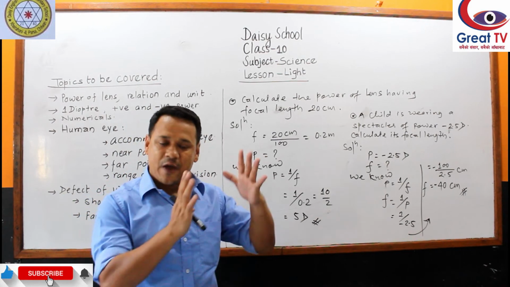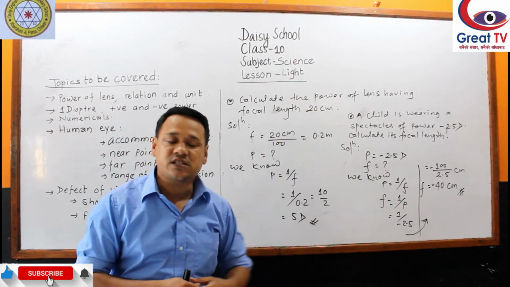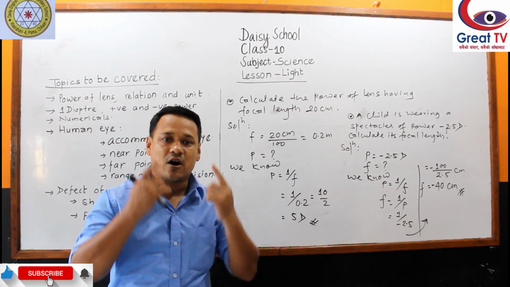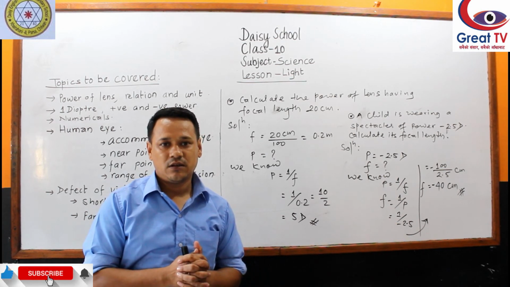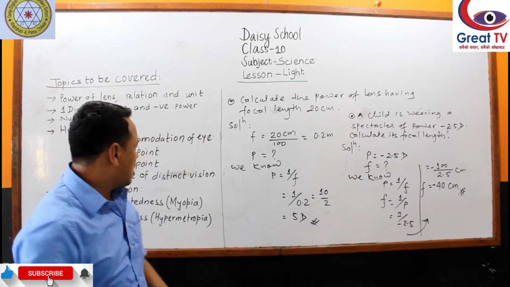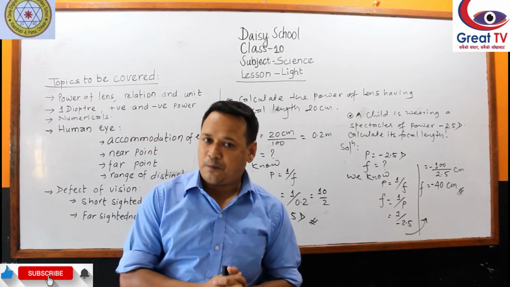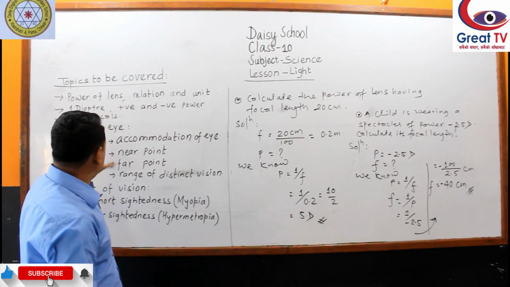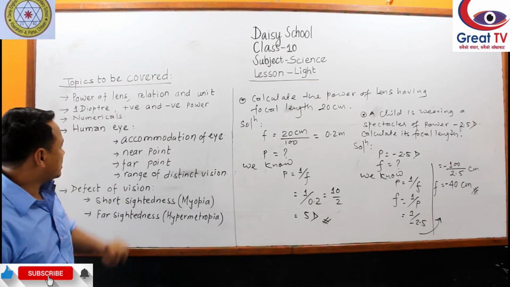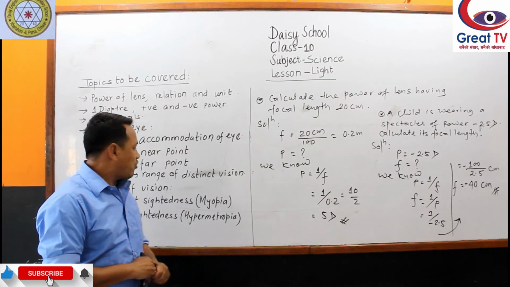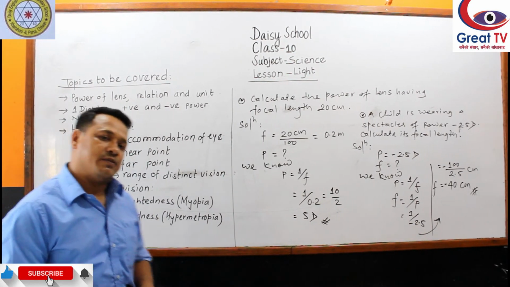From 25 centimeter to infinite distance we can see clearly with our human eye. So in this first part of the human eye, we have discussed accommodation of eye, near point, far point, and range of distinct vision.